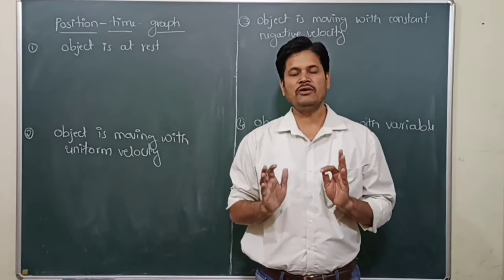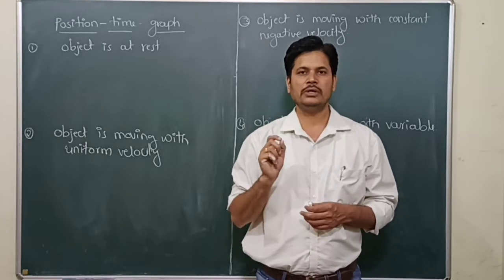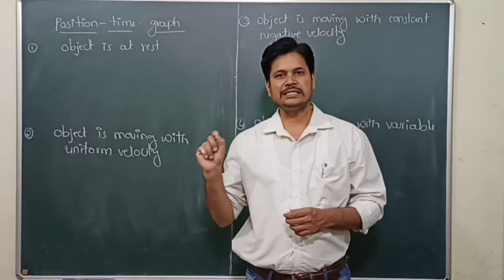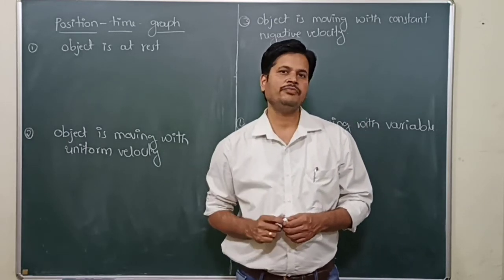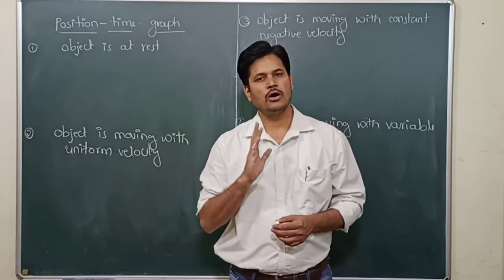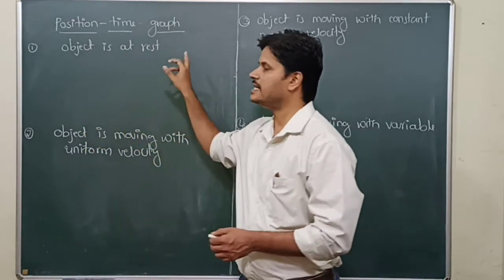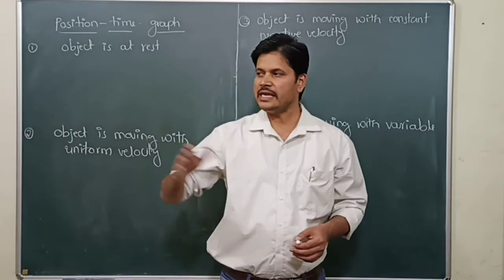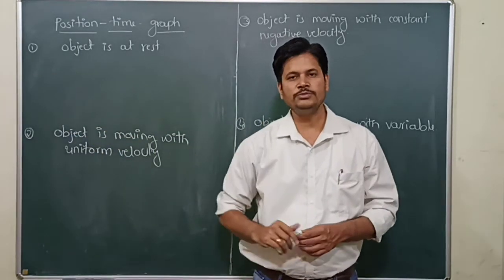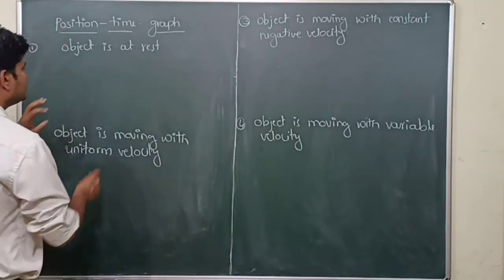It is the graph which requires only two coordinates to represent the motion of the object. Along the x-axis we choose the time, and along the y-axis we choose the position of the object. Now look at the first one. The object is at rest. That means as time goes on changing, the position of the object does not change. Such a position time graph is like this.